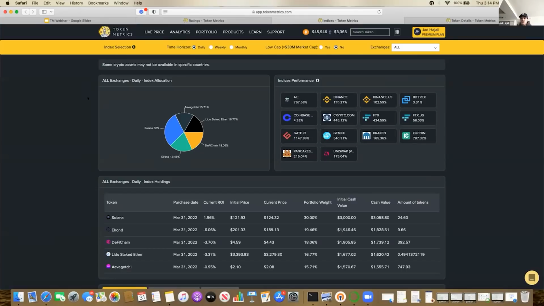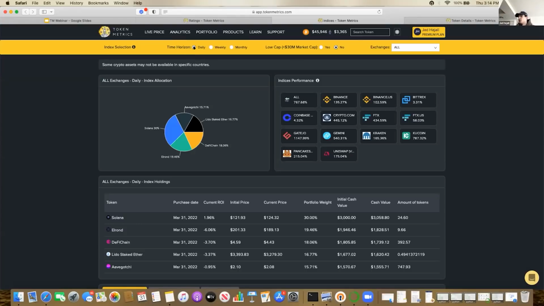So at Token Metrics, we wanted to give all of our customers all the models that quantitative funds use to allocate assets, to buy and sell, and good timing. So what we did is we built custom-made portfolios here, where we give our customers the option to choose what time horizon they want their portfolio to be updated.